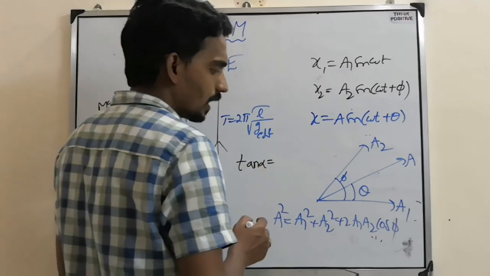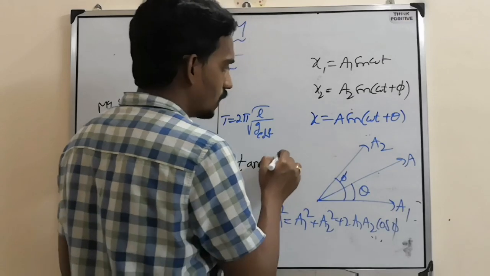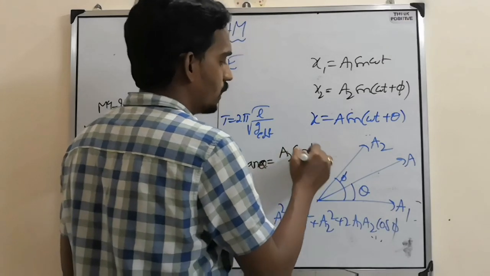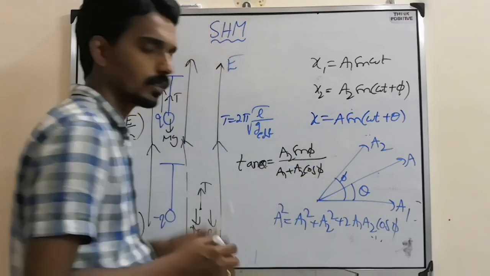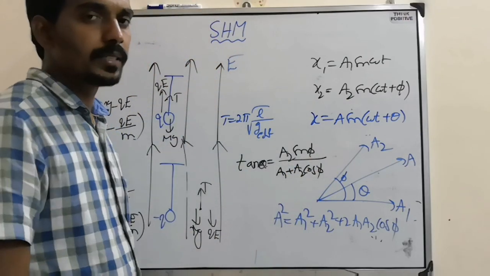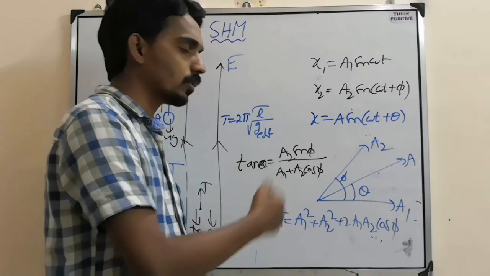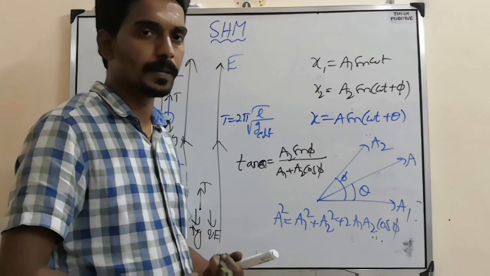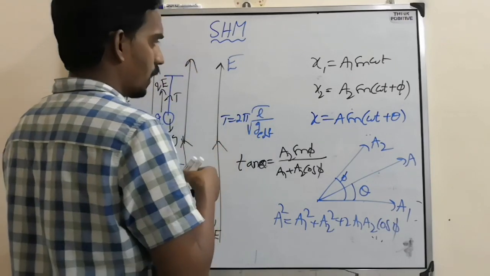Tan theta equals a2 sin phi by a1 plus a2 cos phi. Like b sin theta by a plus b cos theta in the parallelogram law of vector addition. Same way here also, I will show you in a simple manner.